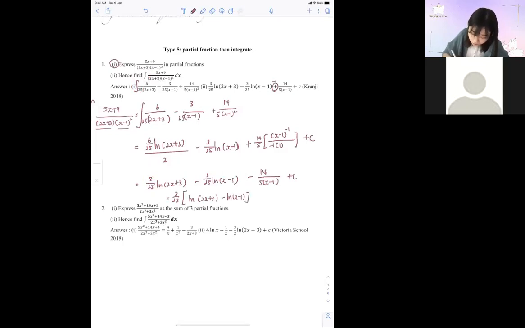Now, what can you do about this when it's minus? Yes, over. Very good. So we write it like that. Always write in simplest form. So ln 2x plus 3 over x minus 1. Then it looks nicer. In this case, your answer is way simpler. Okay, and you got it.